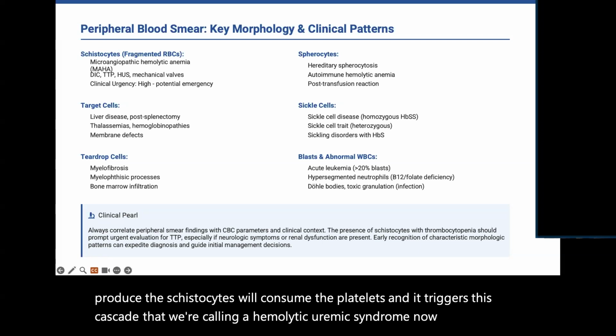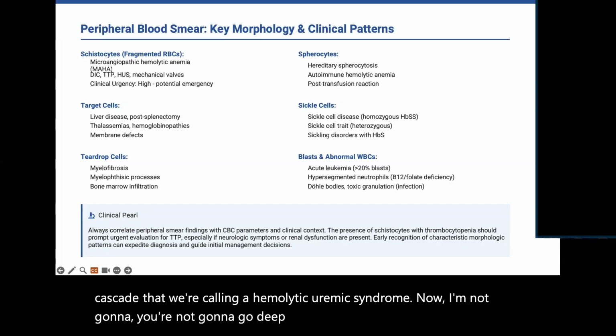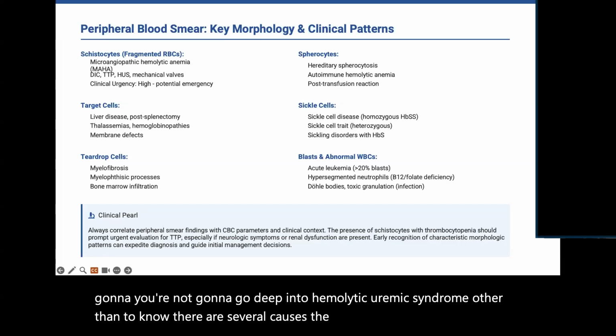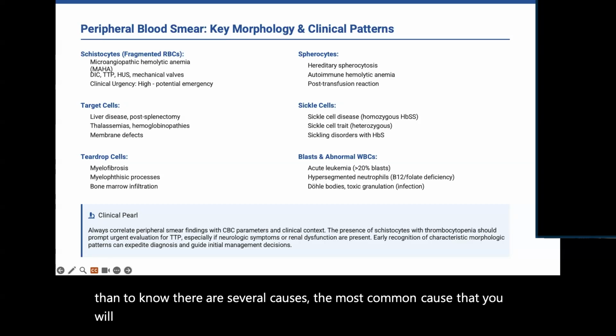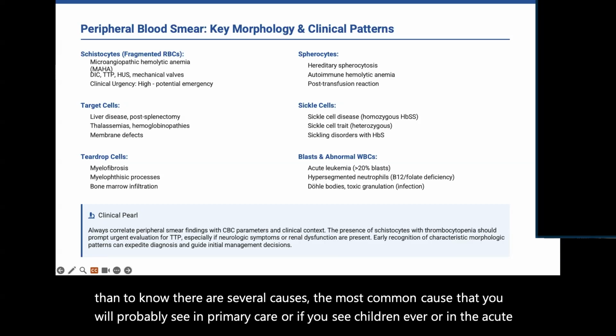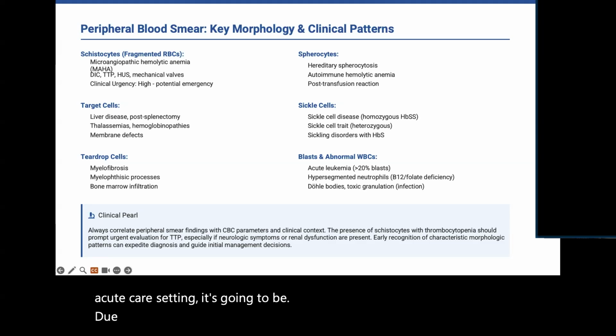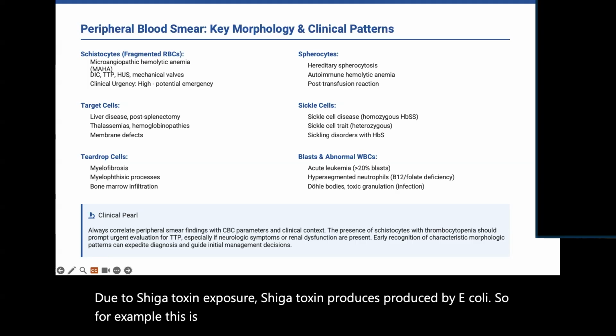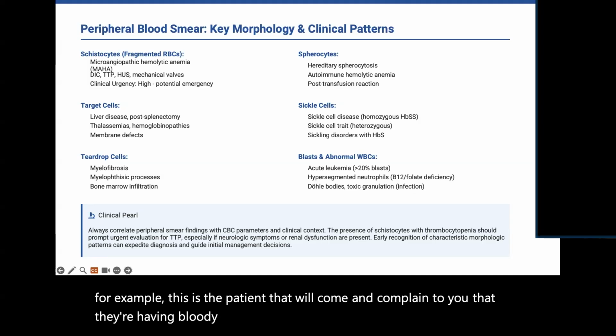Now, you're not going to go deep into hemolytic uremic syndrome other than to know there are several causes. The most common cause that you will probably see in primary care, or if you see children, or in the acute care setting, is going to be due to Shiga toxin exposure. Shiga toxin produced by E. coli. So, for example, this is the patient that will come and complain to you that they're having bloody diarrhea, normally after a foodborne outbreak of undercooked beef.